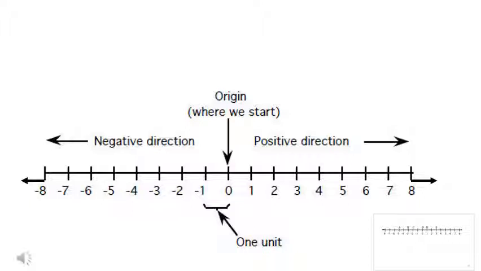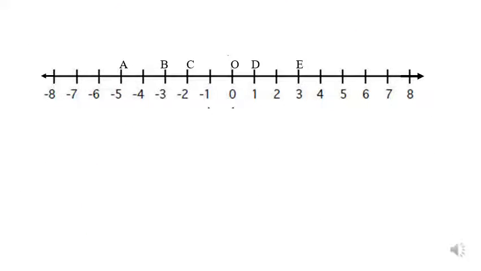Now let us learn how to find the coordinates of the points marked on a number line. Observe the number line given below. Each point represents one number on the number line. A denotes the number -5, B denotes -3, C denotes -2, O denotes 0, D denotes 1 and E denotes 3.